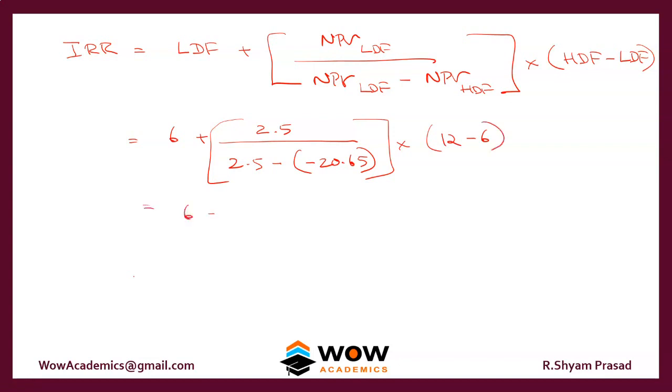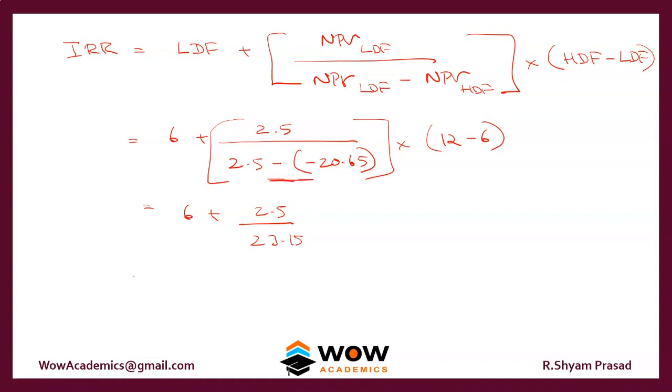So we'll start with 6 plus, and we have to solve the inside part. So it's 2.5 divided by 2.5 minus minus 20.65. This minus and minus becomes a plus, so the denominator is 23.15.